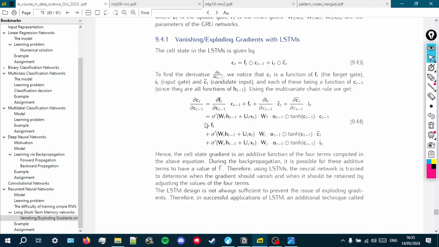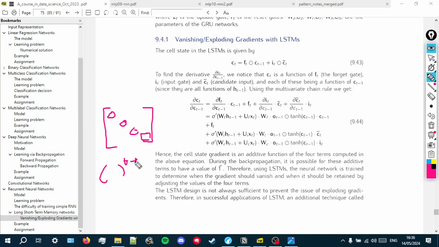But the important point is that at the end, after getting all of the derivatives here, instead of having just multiplications into each other, like in the hidden state, where we got that through the Jacobian matrix, with these values all multiplied together in a diagonal, and that product being a huge power at the end, where we get t minus k, here instead we're going to have this part of the equation plus this part of the equation plus this part of the equation plus this part of the equation.